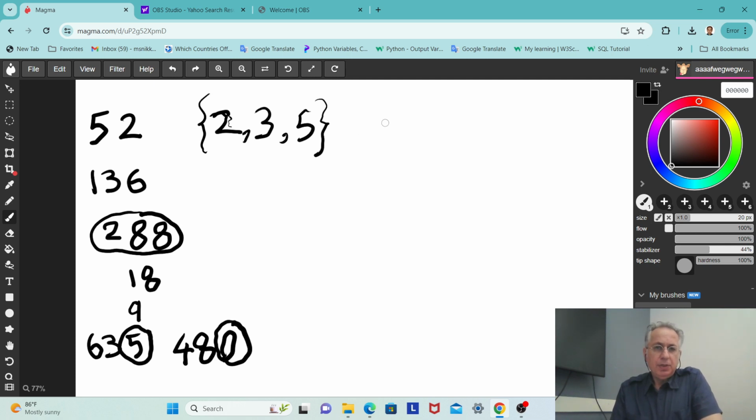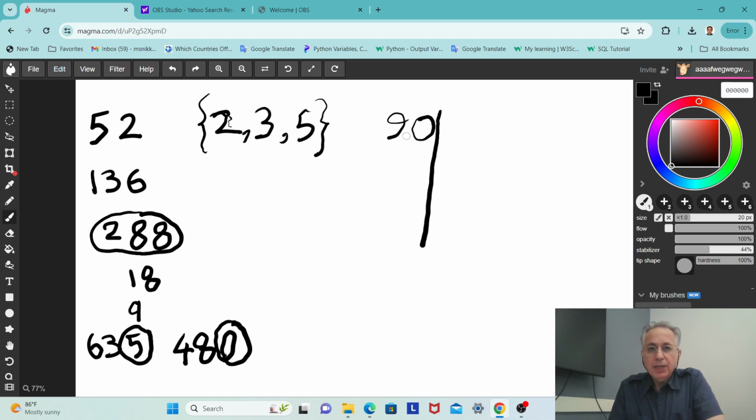For example, this number, 90. You want to decompose 90 to its prime factors. Always draw a vertical line in front of that. Start with the 2, the least one, then 3, then 5.